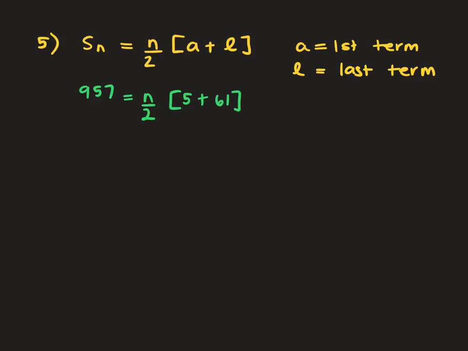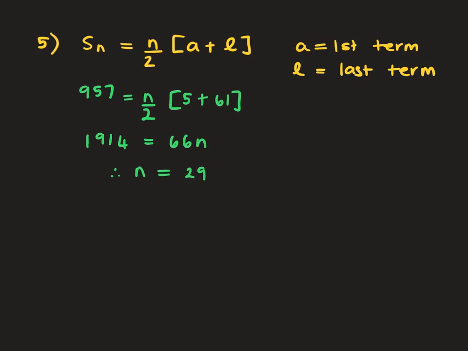It's actually a pretty easy one to solve, right? We're just going to multiply both sides by 2 so that we get rid of that 2 in the denominator. This is going to be n times 66. So this is just going to become 66n. And now we simply divide both sides by 66. And your answer is 29.